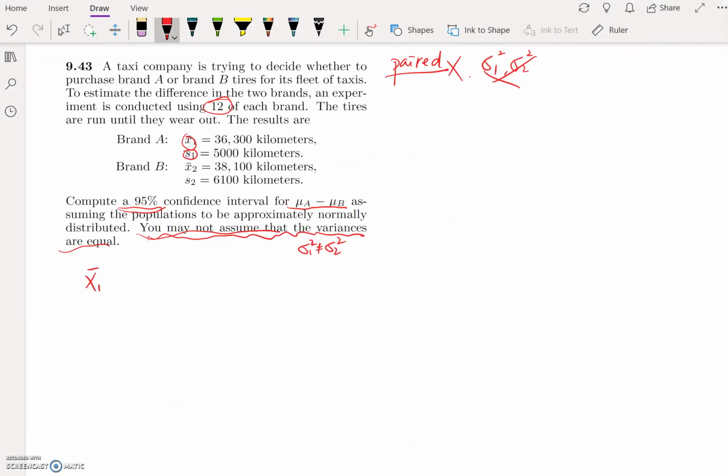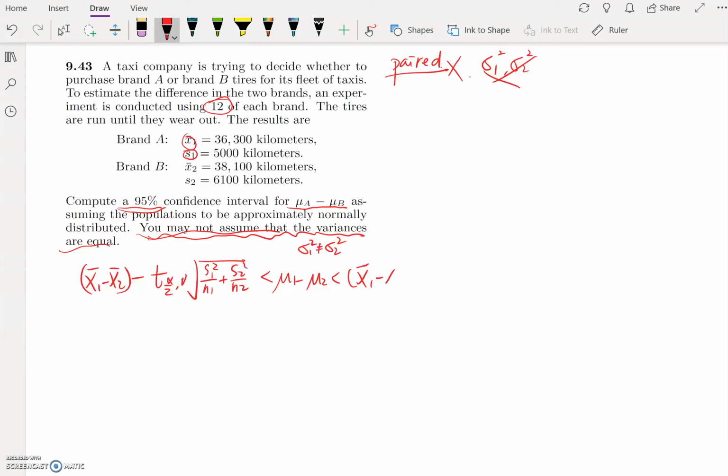So x1 bar minus x2 bar plus or minus t alpha over 2, v degrees of freedom, times the square root of s1 square over n1 plus s2 square over n2, is the interval for mu1 minus mu2.